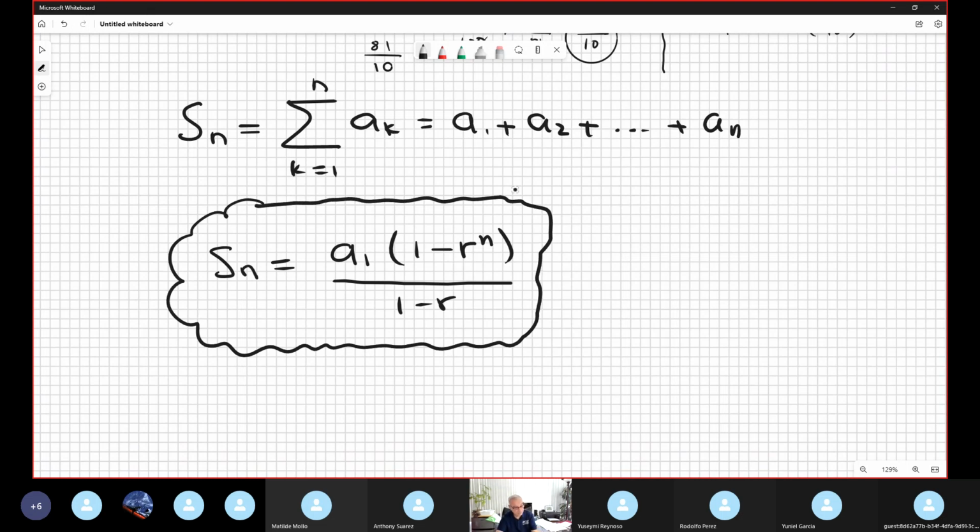Okay? And it depends on the common ratio. Let's see an example. Suppose we have this example 3.